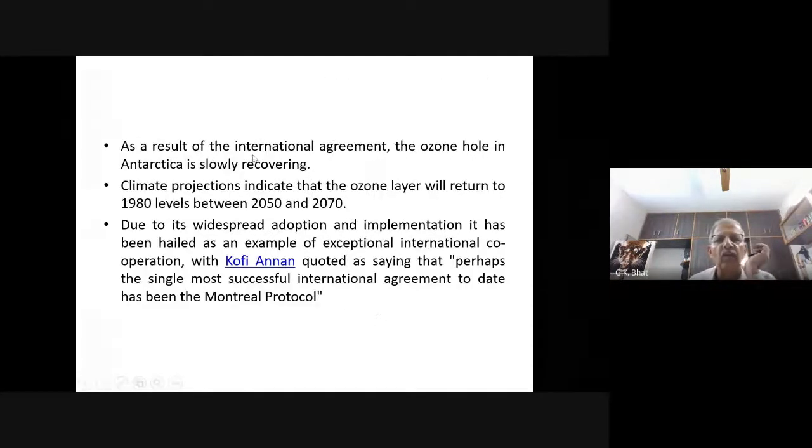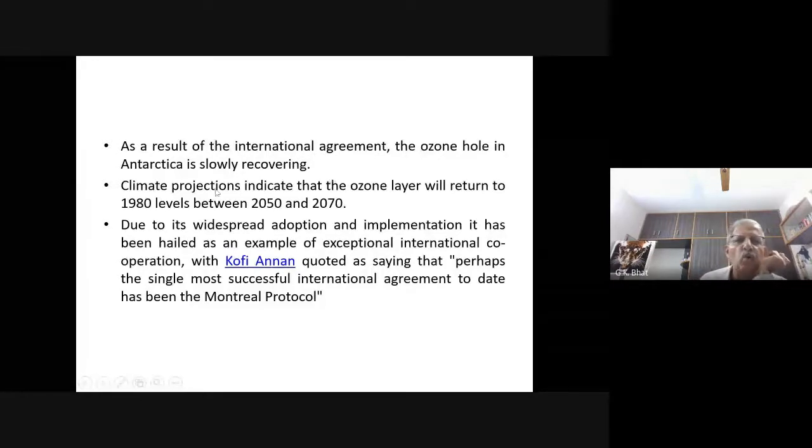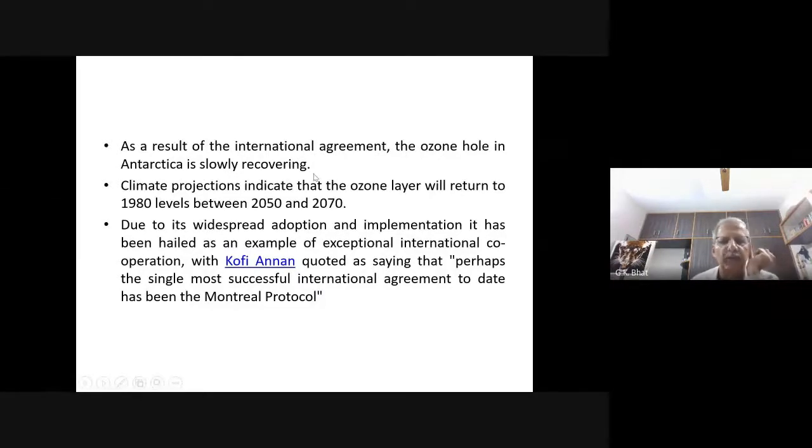As a result of the international agreement, the ozone hole in Antarctica is slowly recovering. Climate projections indicate that the ozone layer will return to 1980 levels between 2050 and 2070. That means we are reducing drastically the use of substances which are depleting ozone.